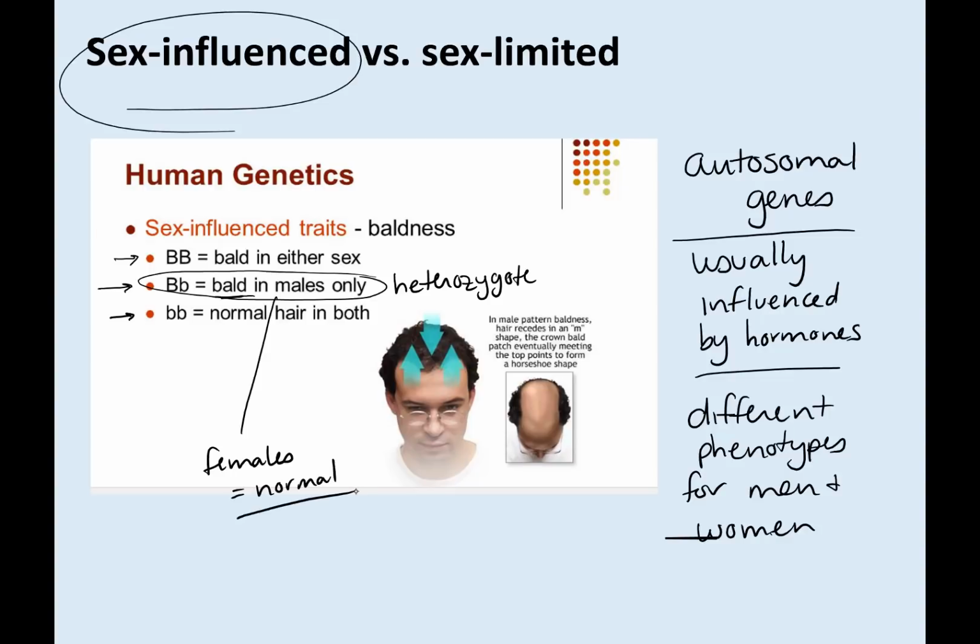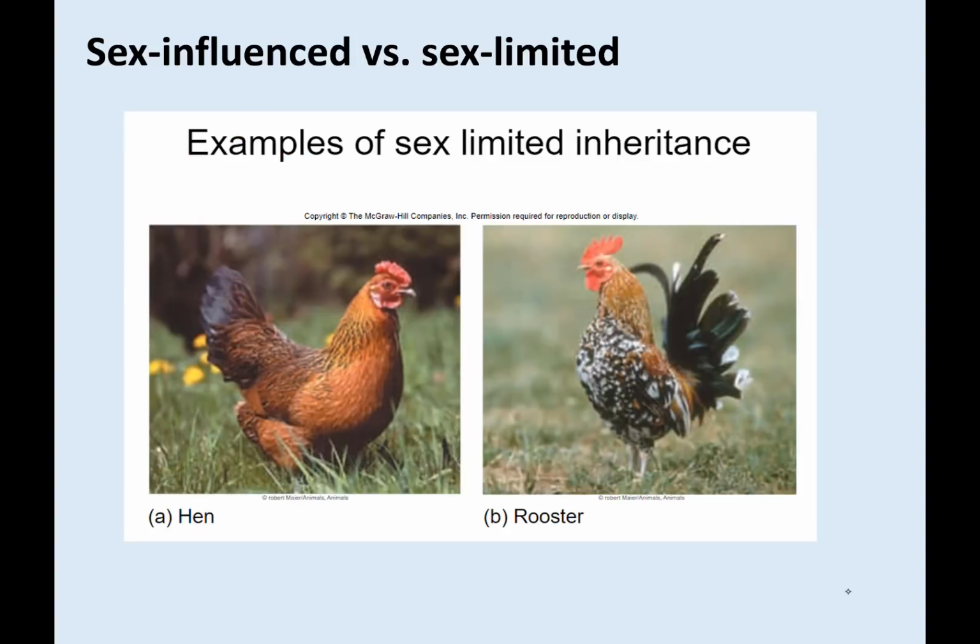So now you can kind of understand why baldness is more prominent in men than women. There are two possible ways for men to go bald, and only one way for females. Again, a lot of this is due to differences in hormone production. So it's influenced by the sex of the person.